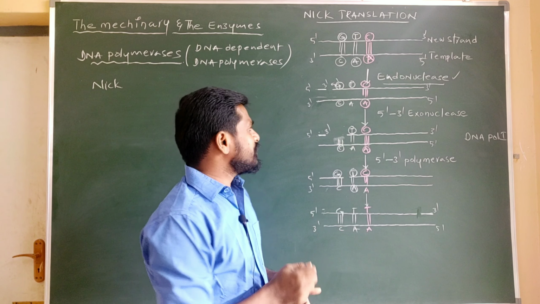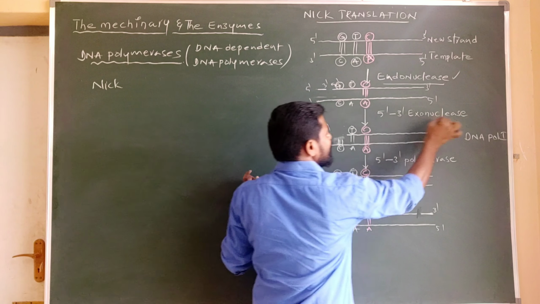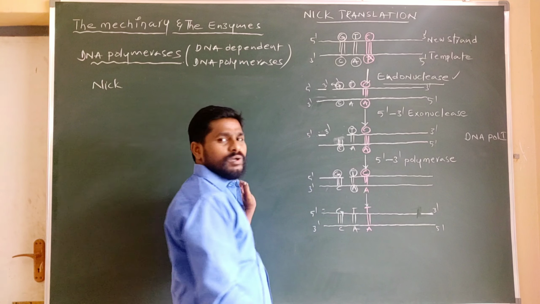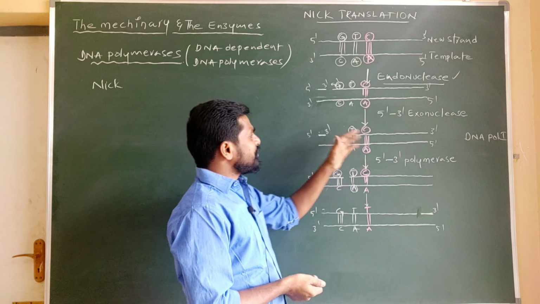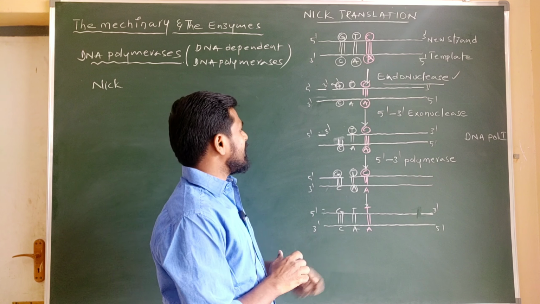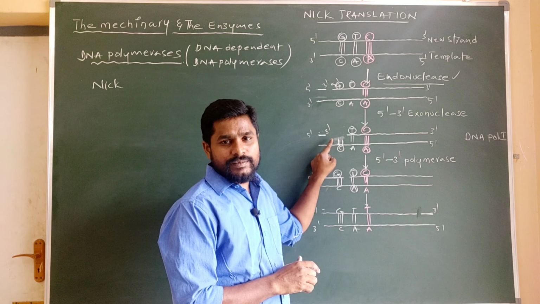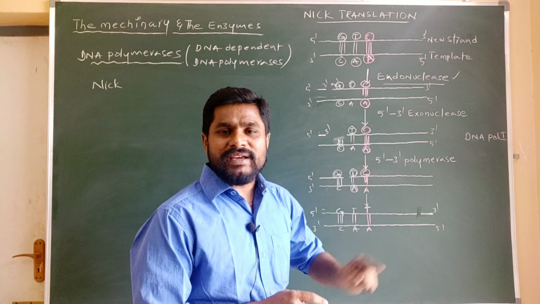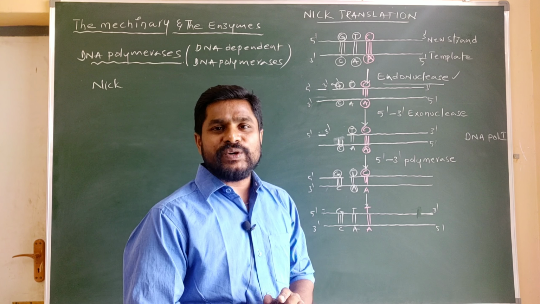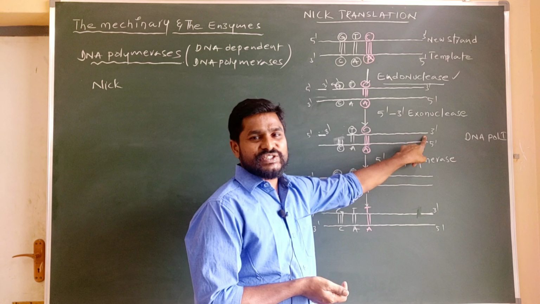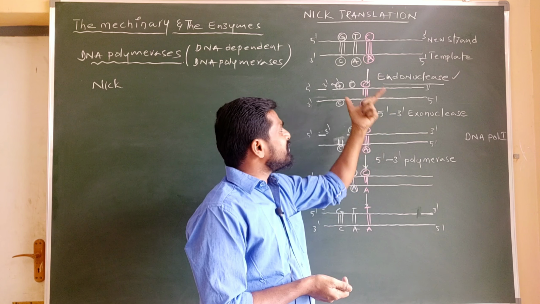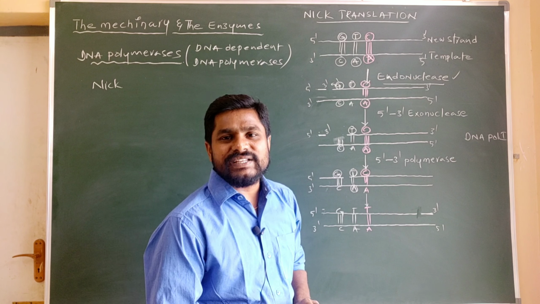Afterwards, the 5' to 3' exonuclease activity of DNA pol 1 comes into action, where this 5' to 3' exonuclease activity removes a properly paired deoxyribonucleotide from the 5' direction to the 3' direction on the large segment of the daughter DNA strand.